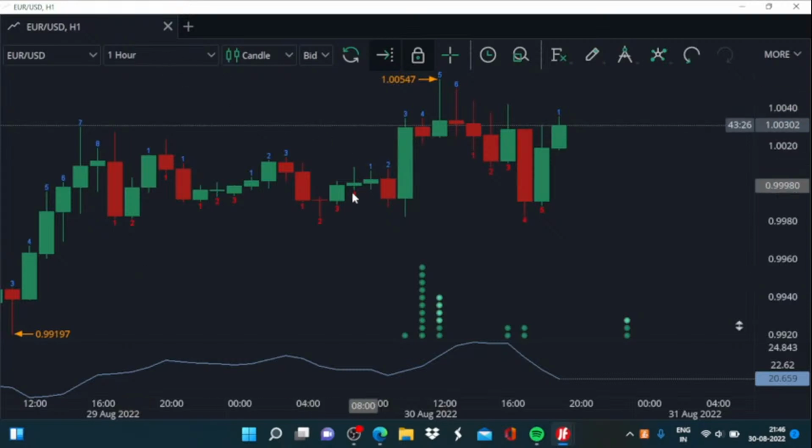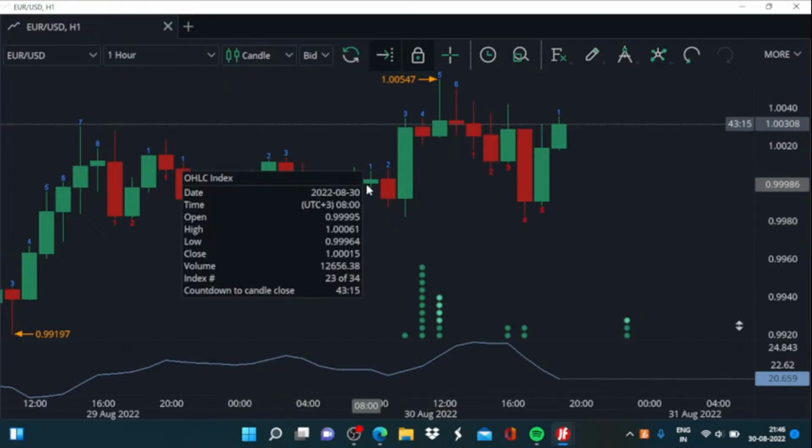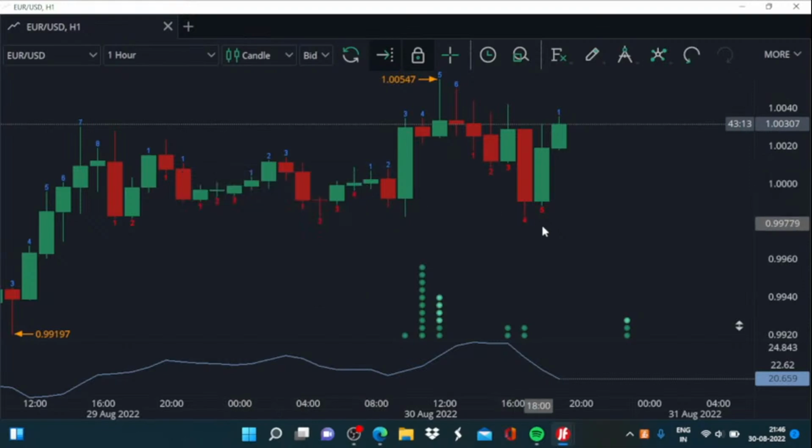So the key thing is to get the trade entries right, and then also apply sound risk management strategies to contain the losses in case our trade position happens to go wrong.